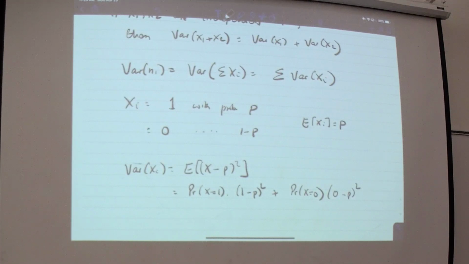This is just the definition of expectation. This is equal to p times (1 minus p) squared plus (1 minus p) times p squared.